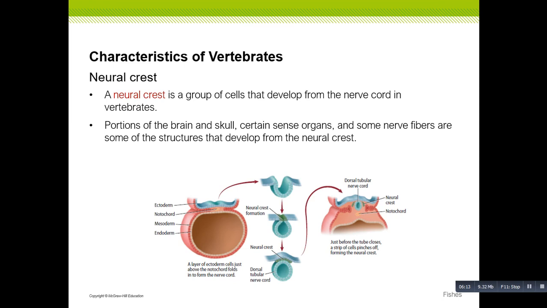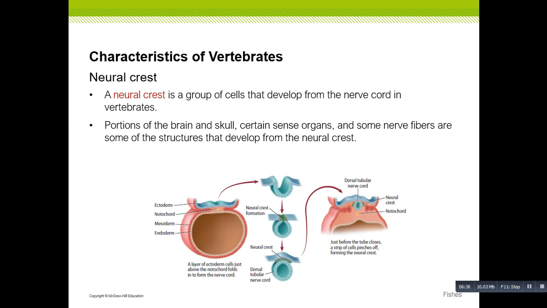So our neural crest is going to develop from and just on top of the nerve cord in vertebrates. And this is very similar to what you looked like when you were going through embryonic development in the first trimester of your mother's pregnancy.